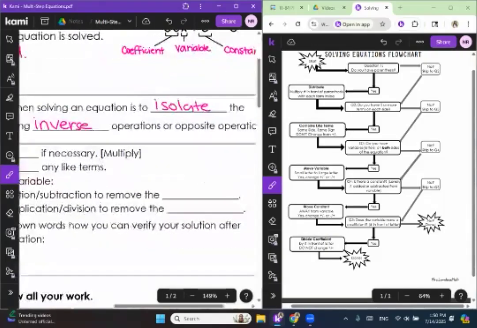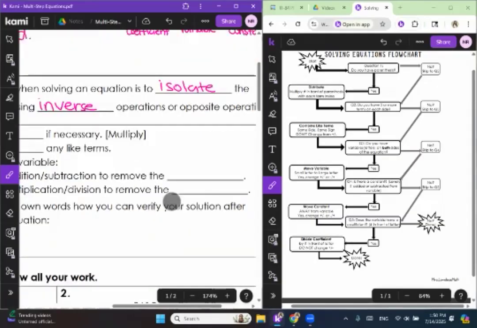Now, this is going to be a combination of everything that we have learned so far: one-step, two-step equations, combining like terms, and distributive properties.